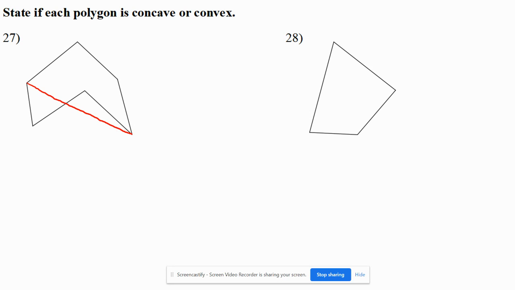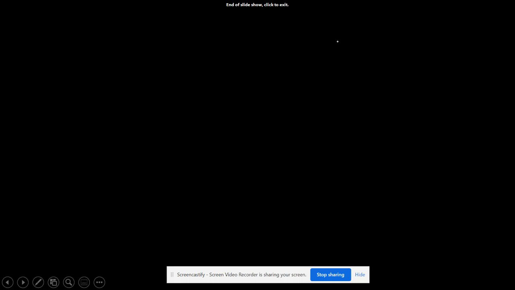I could think of that diagonal, because part of it, it could be the whole diagonal, but as long as part of it goes outside of the picture, I'm going to call this concave. If the whole diagonal goes outside of the picture, obviously concave. All I'm looking at is, as long as I have a diagonal that touches part of the outside of the figure, that is concave.